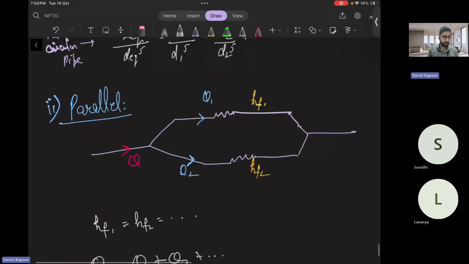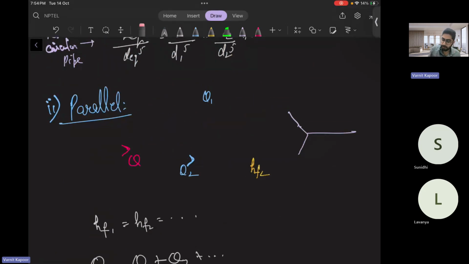So it's a scenario somewhat like this. If I remove this complete diagram, which was to explain only, my scenario of the pipe will be like this now.